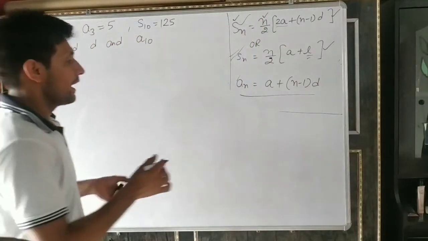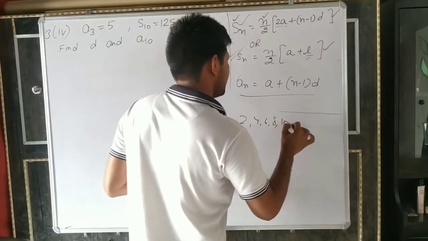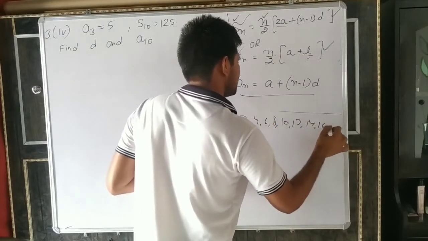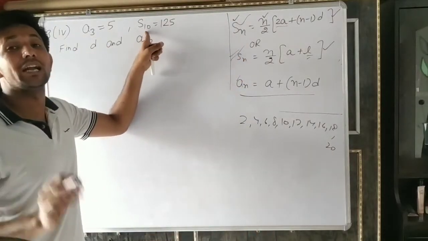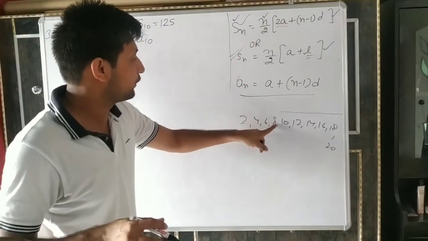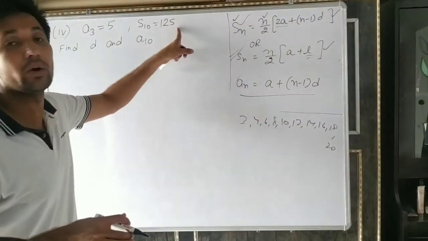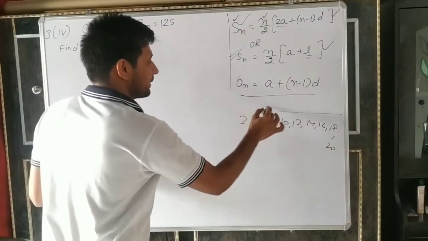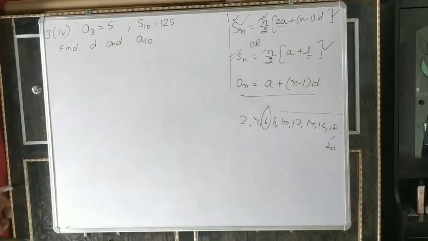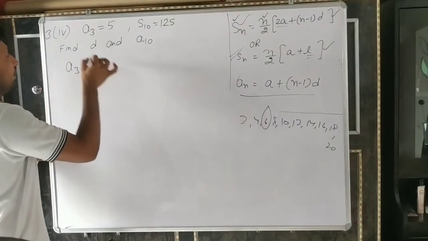S10 means the sum of the 10 terms: 1, 2, 3, 4, 5, 6, 7, 8, 9, 10. So S10 is 125. And A3 means the third term, and A3 equal to 5.